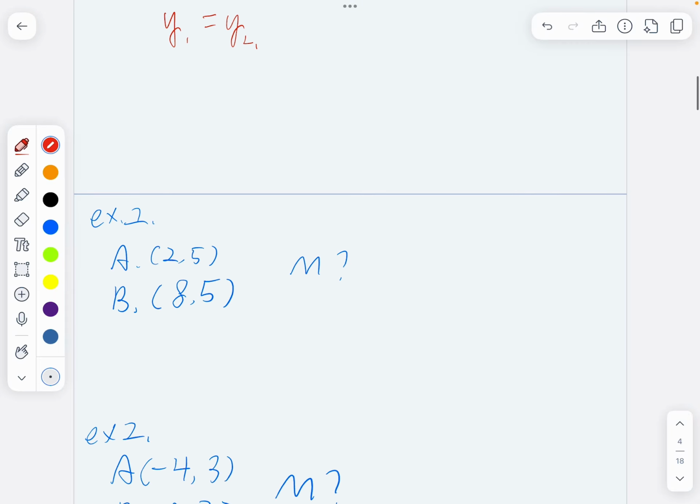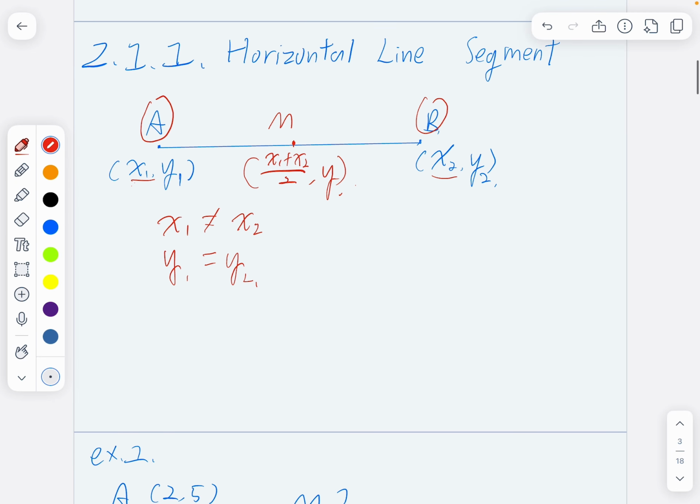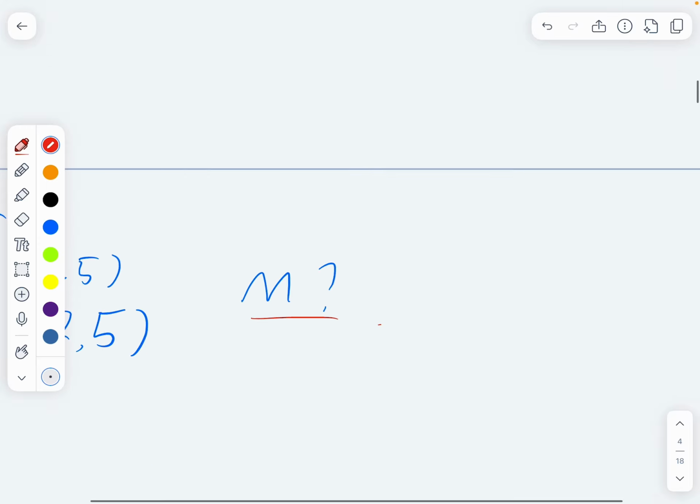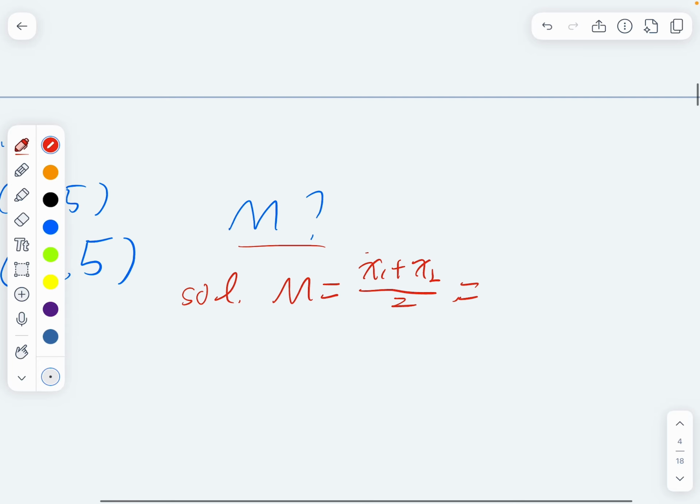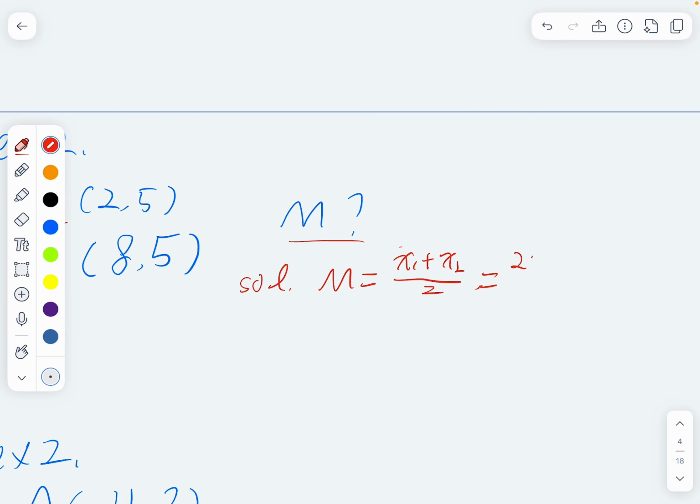For example 1, we have one point for A and one point for B. So how to find M? We can use the formula: midpoint M equals (x1 plus x2) over 2 equals (2 plus 8) over 2 equals 10 over 2, which equals 5. So the point M is 5.